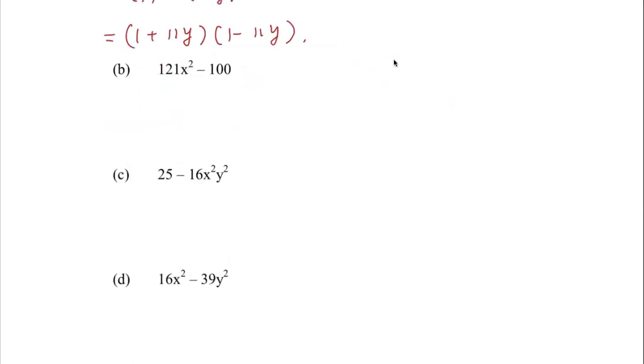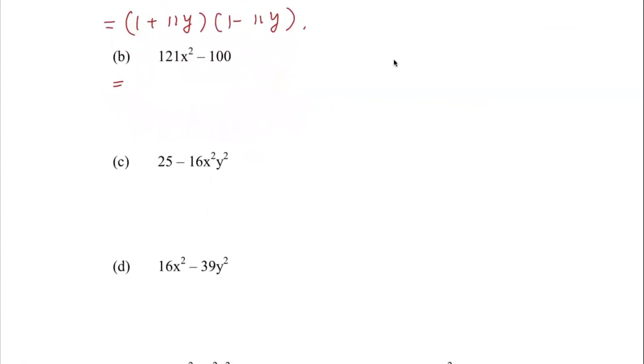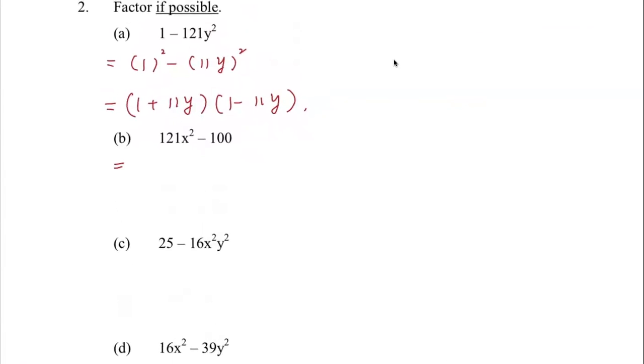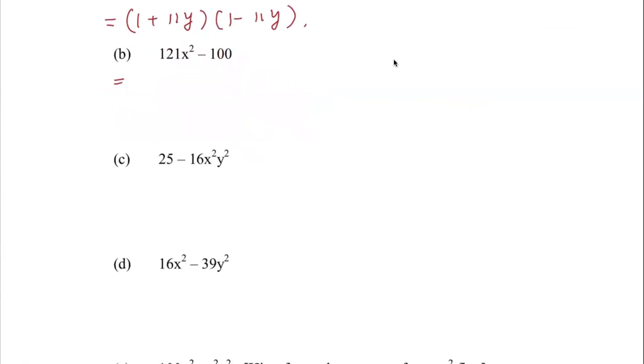B, 121x squared minus 100. So we can write 121x squared as 11x squared. And we can write 100 as 10 squared, right?